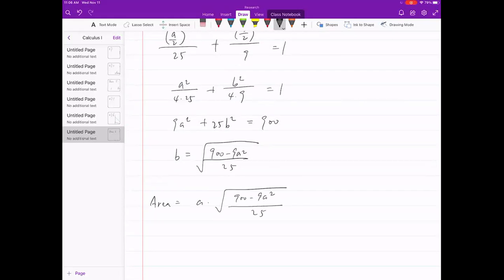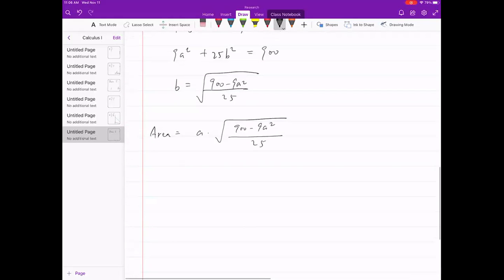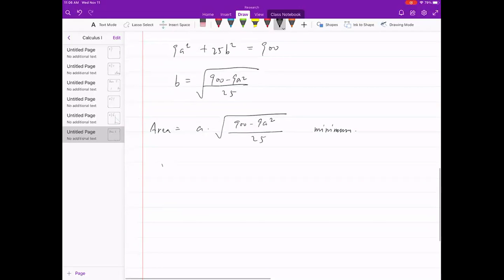Okay, but as a changes, this one changes size. Now we want to find the maximum. So what you should do is take f prime of a, which is this. Okay, don't be scared by the complicated thing.